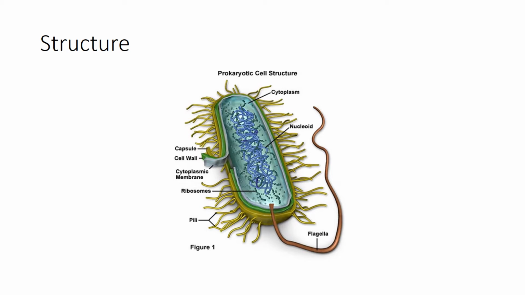They move around clockwise or counterclockwise and propel the cell forward or backward, or some complex movements of flagella can pilot the prokaryotic cell to the left or to the right. So it's an interesting and important organ of prokaryotic cells. Okay, let's move on.